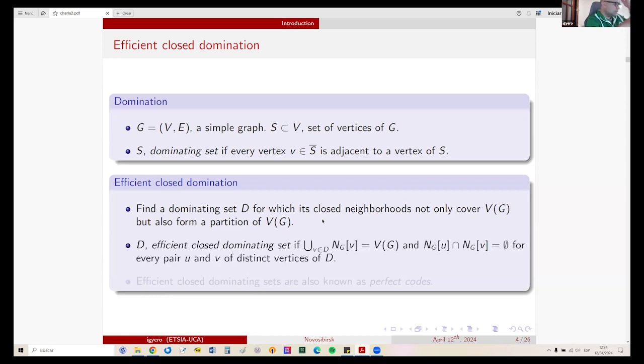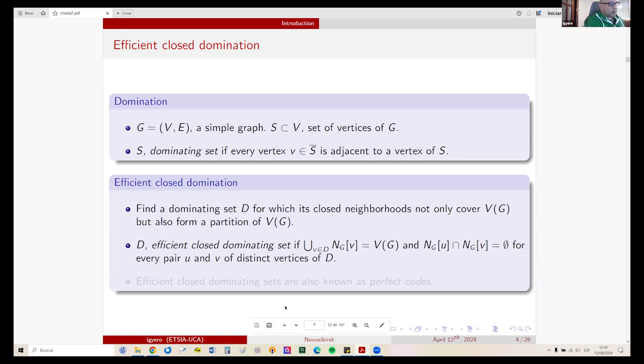If D is an efficient closed dominating set, then the vertex set of G is equal to the union of the closed neighborhoods, and the intersection of any two closed neighborhoods is the empty set, for every pair of distinct vertices of D.